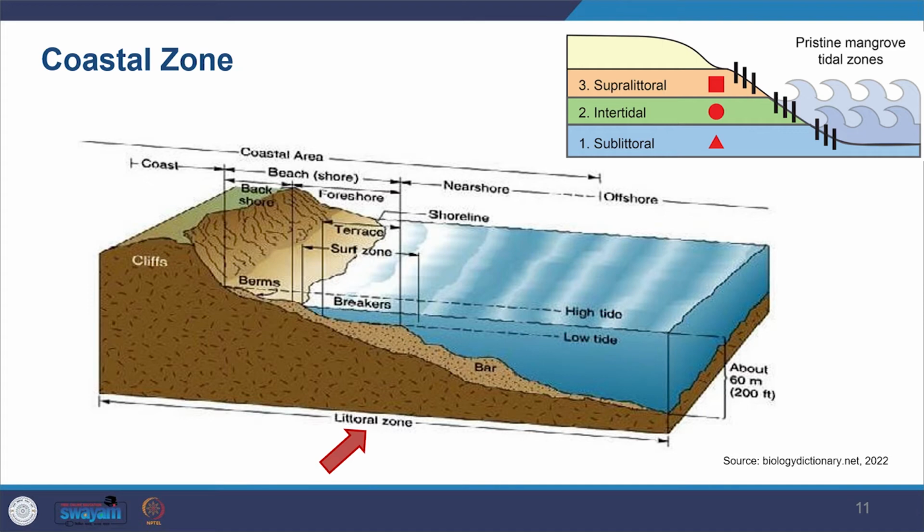So you can see in the image that the area shown by the arrow is the area we are talking about. And then you have the littoral zone, which is the part of the coast that is exposed whenever the water level is low, and it's submerged when your water level is high. So it's the intertidal zone, which is the littoral zone you see here.